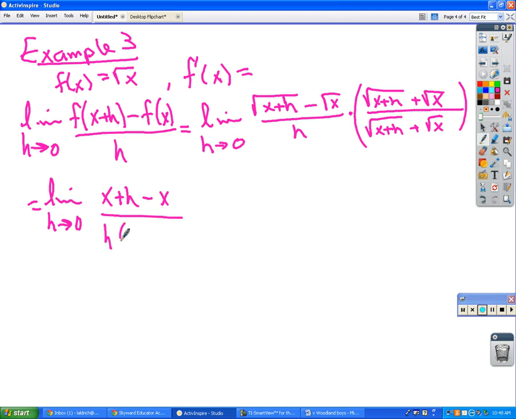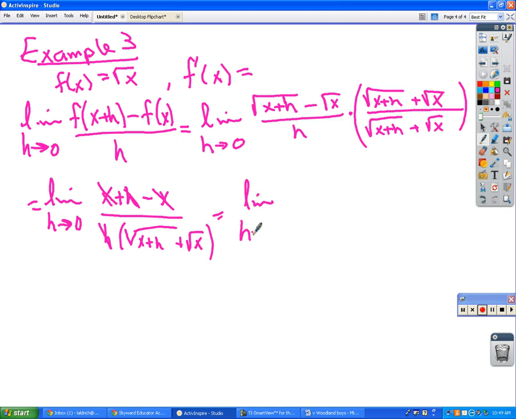And then as previously stated, never distribute on the bottom, because we need stuff to cancel. And in fact, things do. This x and that x cancel, giving us just an h on top, and then the h's cancel, solving our 0 problem.